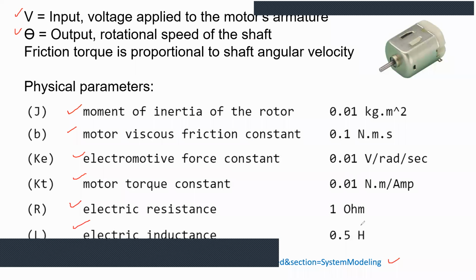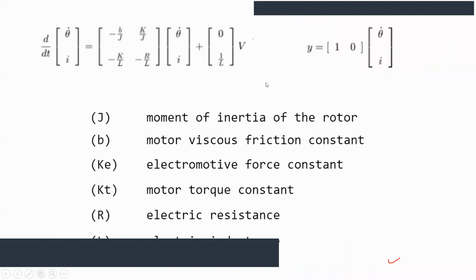So these typical values are given, and similarly the physical parameters are given. Because this is just an example, I am not deriving the relations, but we are using the direct relations. So the equation which is given from that resource is given here.